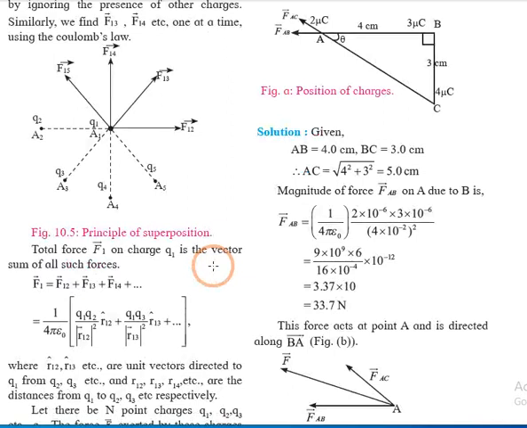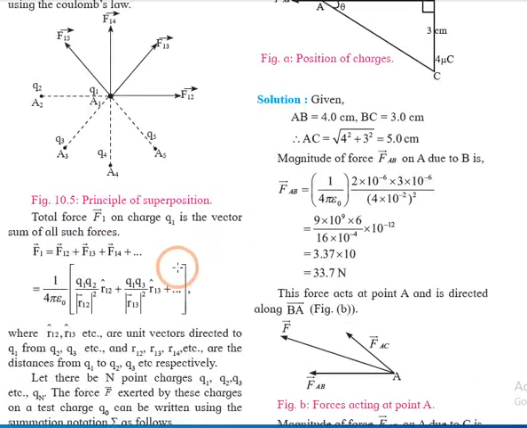Now according to the principle of superposition, we can say that the total force F1 on charge Q1 is the vector sum of all such forces, that is vector F1 is equal to vector F12 plus vector F13 plus vector F14 and so on.